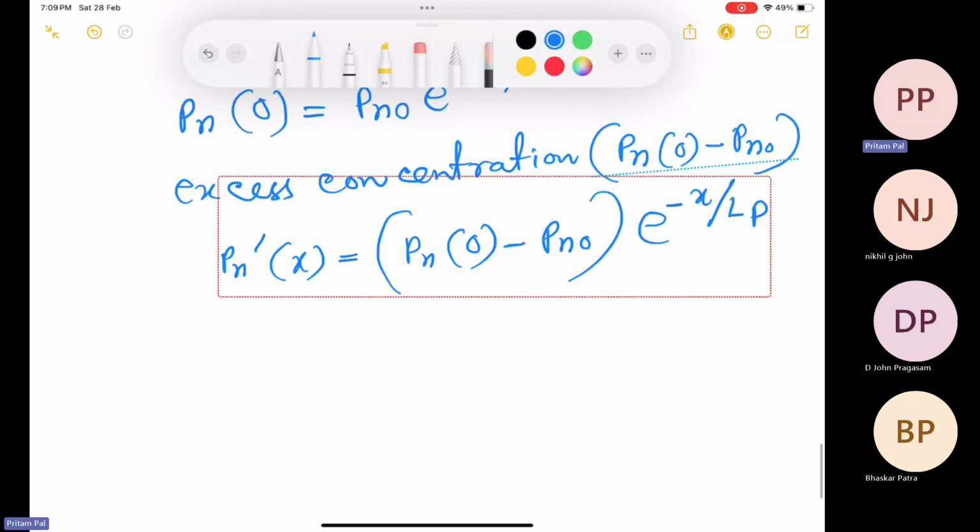Here Lp is basically the diffusion length for holes.